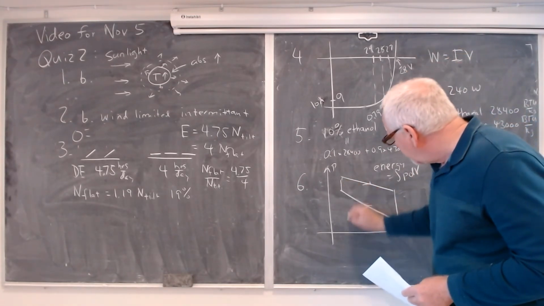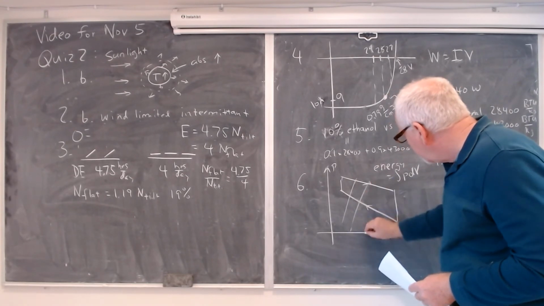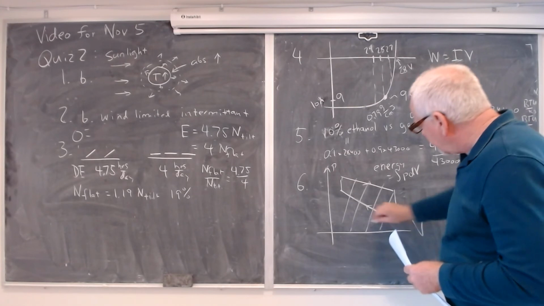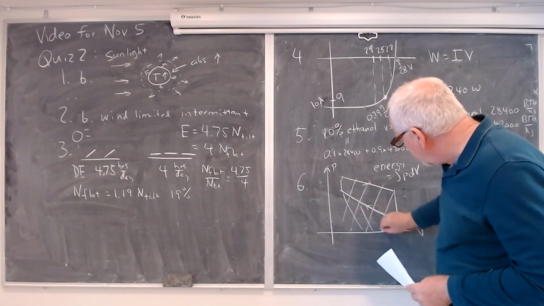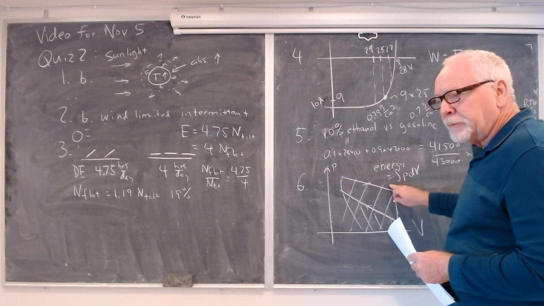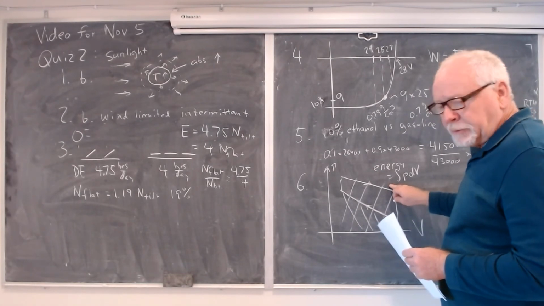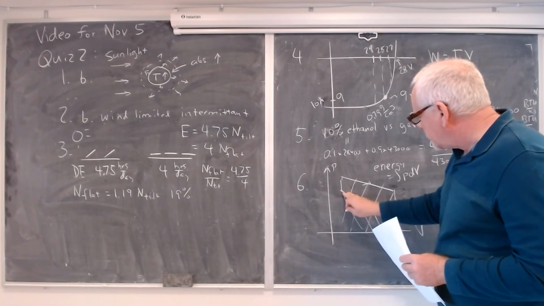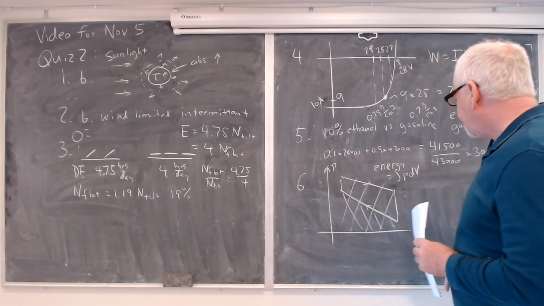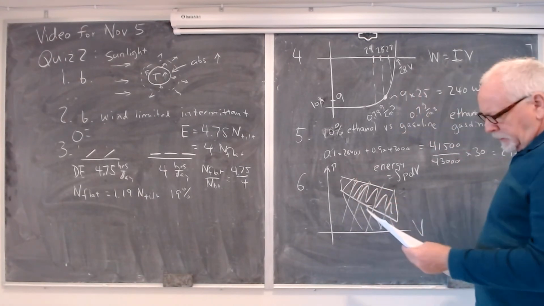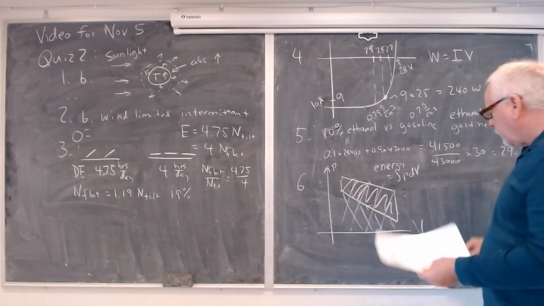So it's the area under that line minus the area under that line, because on this part you're getting useful work from the vapor, from the gas to the piston, whereas on this part you're doing work from the piston onto the gas, and so you're losing energy. And so it's the area under this curve, and that's basically just a parallelogram.